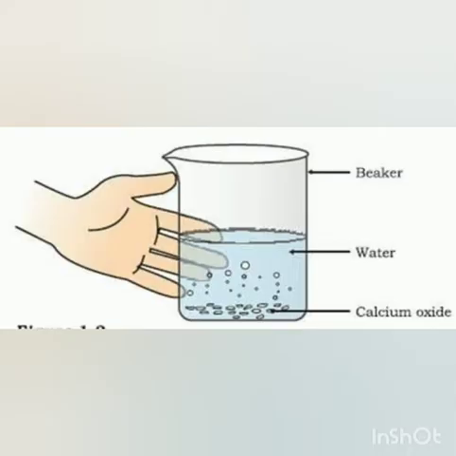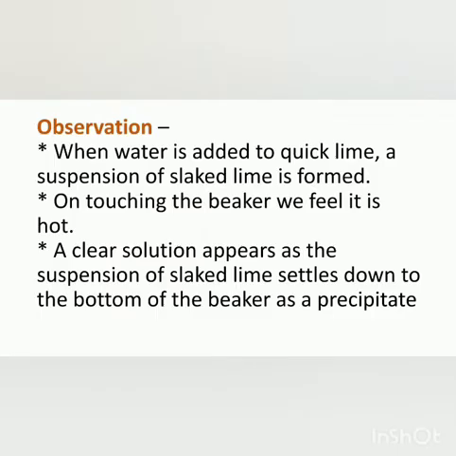When we touch the beaker, we feel it hot. When we leave the beaker undisturbed for some time, the slake lime settle down at the bottom of the beaker as a precipitate. Precipitate means residue के form में वो नीचे इकट्ठा हो जाता है.